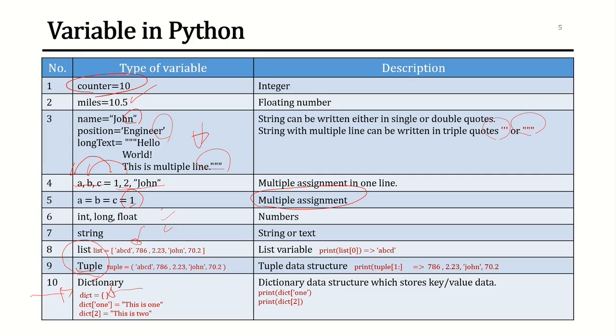For example, dict1 equal to this is 1. Dict2, this is 2. So whatever you store in the dictionary, you need to provide a key. So when we want to retrieve those information back, we need to follow it by the key names. It works the same way. Or another term in here we call associative array.